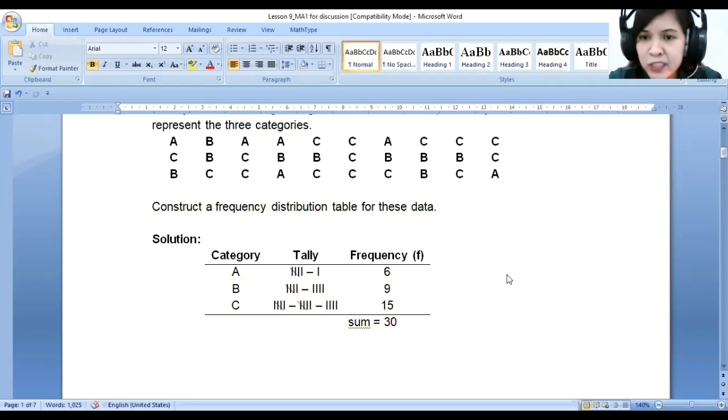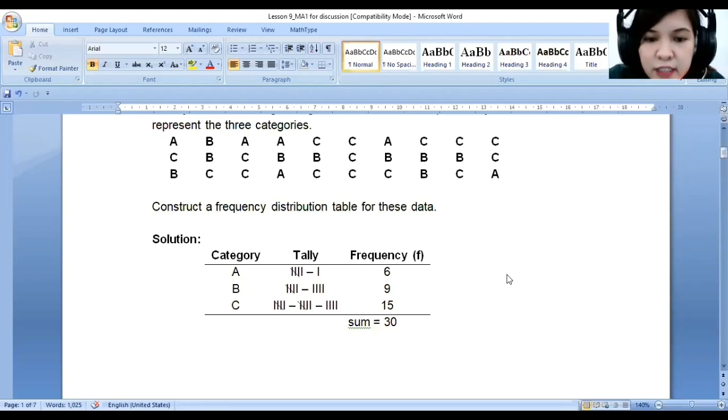But what is important here is how you will interpret this table. Diba? In statistics, in chapter 4 of your thesis, meron kayong mga table. Then each table, you will interpret. You will give description. So how are you going to interpret this? So analysis of table 1 shows the results or the letter preference of 30 respondents.